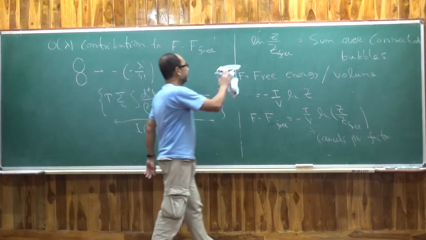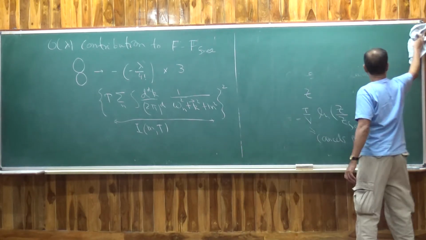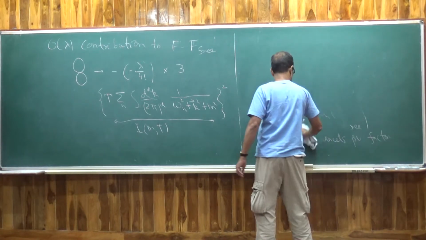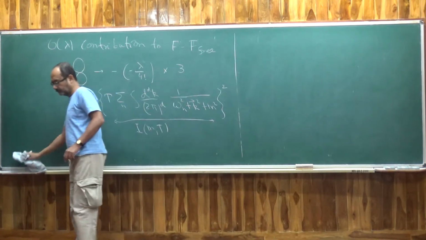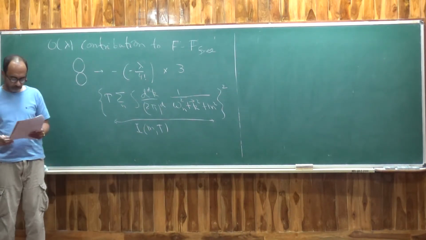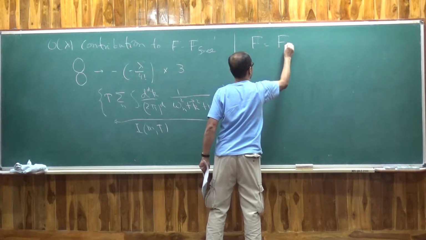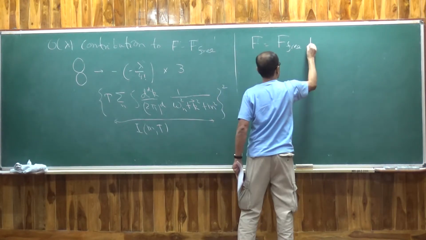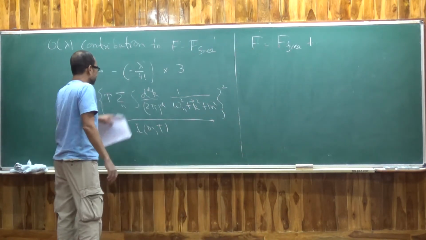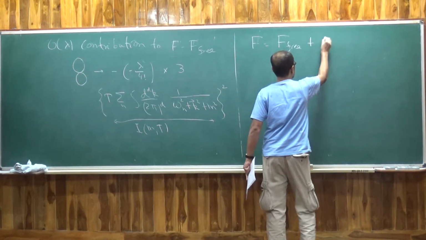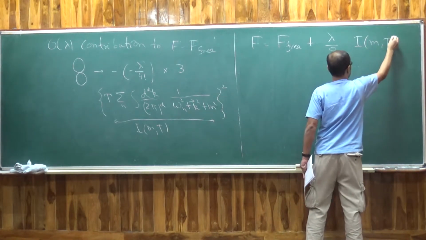So let's write F is F free plus, so it's plus because these two minus ones cancel, and this is lambda over 8 times I(m,T) squared.